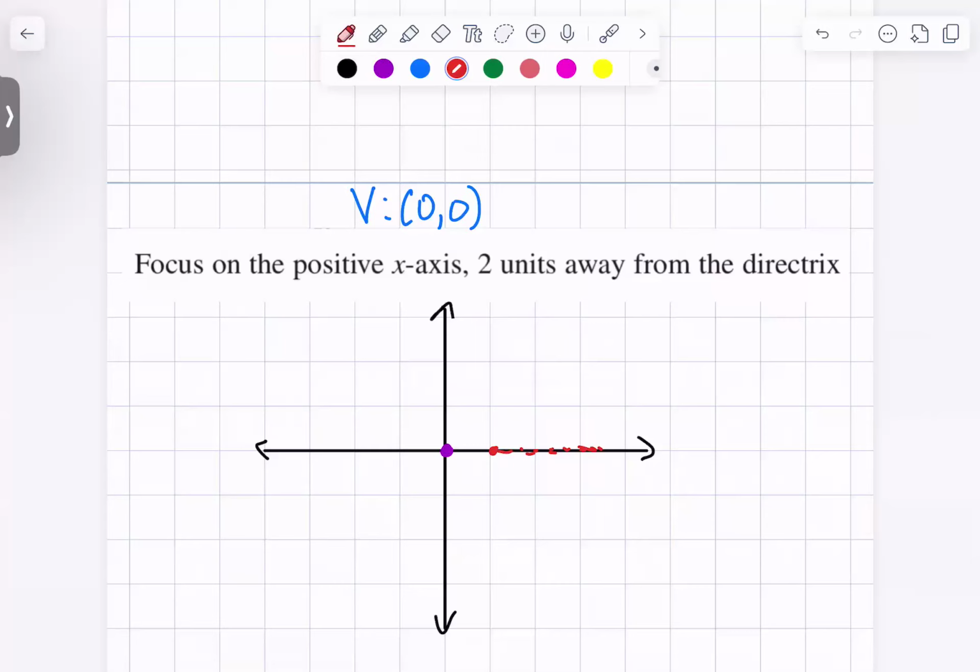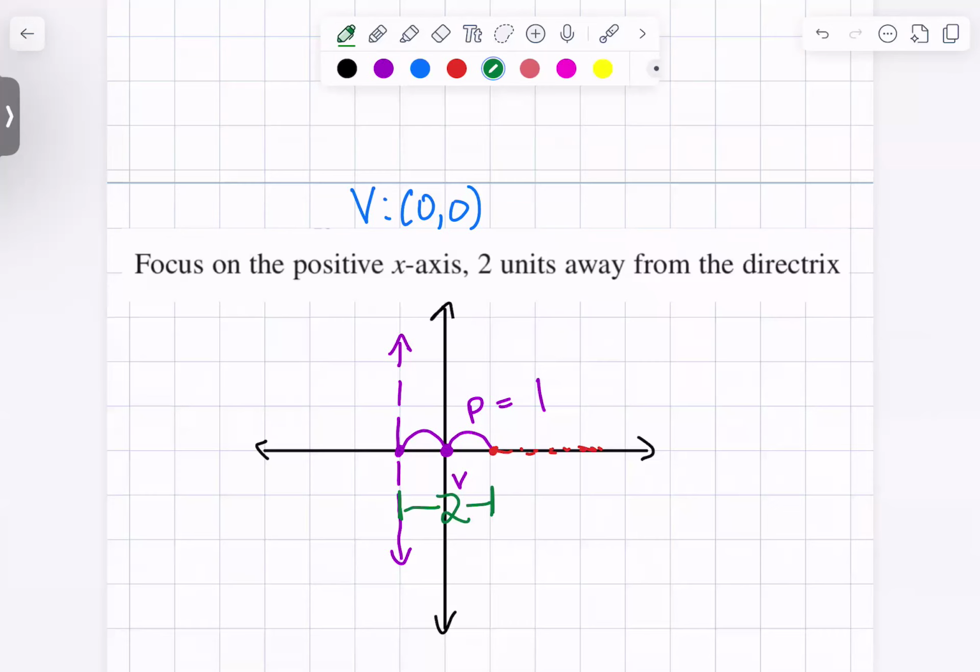So since I know that the purple dot is my vertex, this is my p-value. So 2 units away, that's going to be my directrix, right? So what's my p-value? 1. Because they tell us that the distance from my focus to my directrix is 2, right?